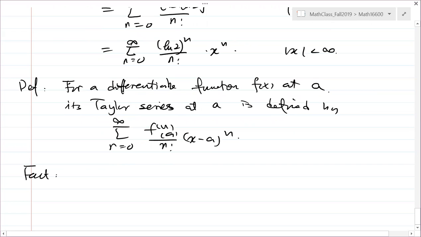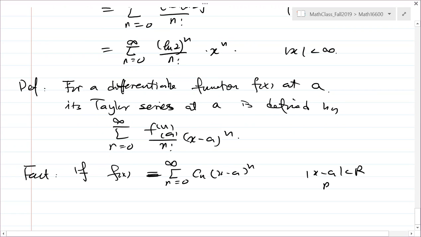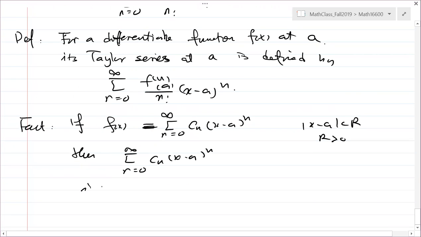If f of x is identically equal to this for some a, then this is a Taylor series at a. Why? Well, that's what we proved.